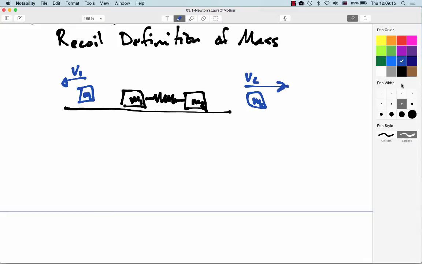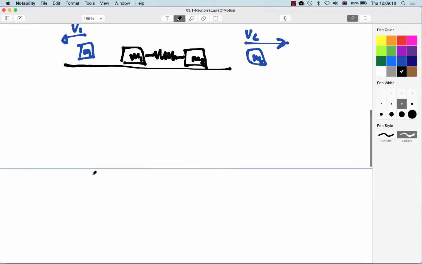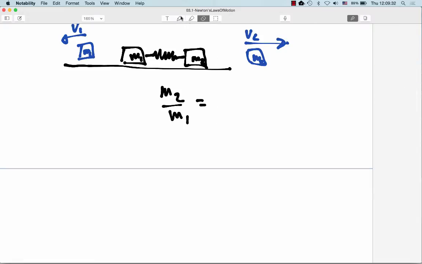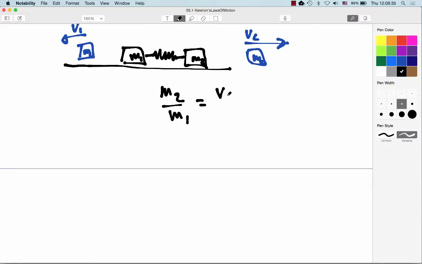And he proposed an operationally defined mass by saying that the ratio of M2 to M1 is equal to the speed V1 over the speed V2. Now, to put this onto standardized footing, we can imagine doing a daring commando raid in France and stealing the international prototype kilogram, making that mass M1, and then we can set everything else from there.